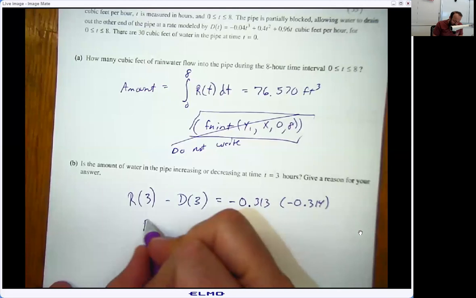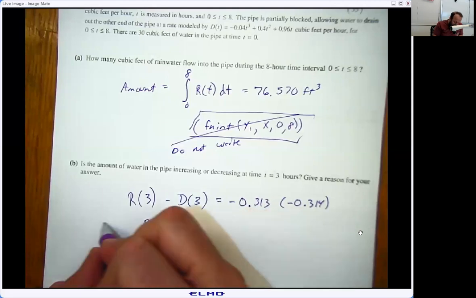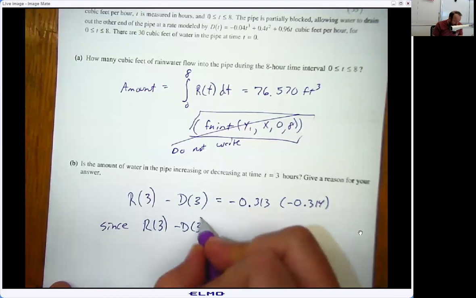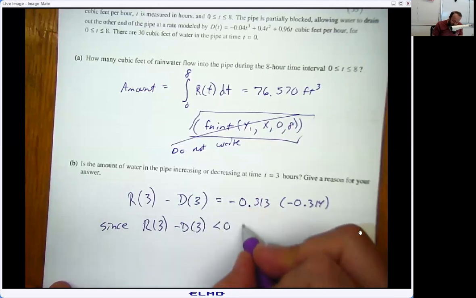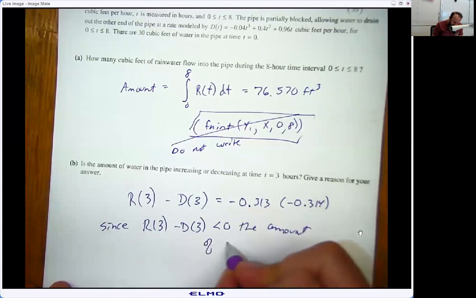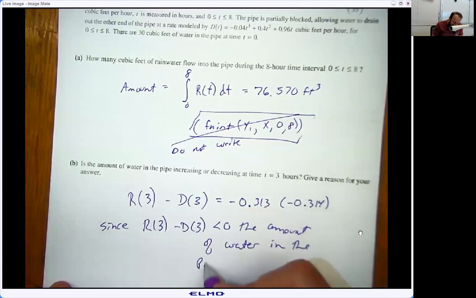So clearly in this situation, since R of 3 minus D of 3 is less than 0, the amount of water in the pipe is decreasing at t equals 3 hours.